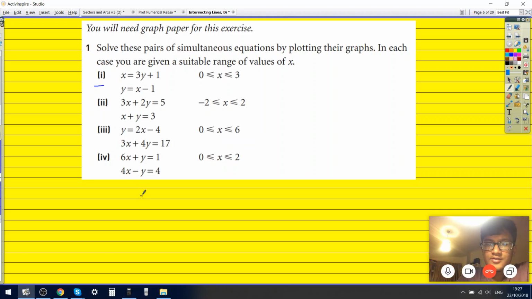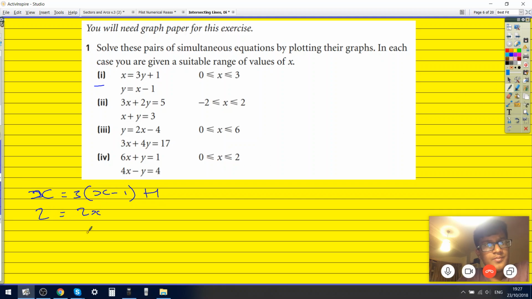So x equals 3 times x minus 1, plus 1. So x is 3x minus 3 plus 1. 2x minus 2 is 0. So 2x is 2. You could say that x is 1.